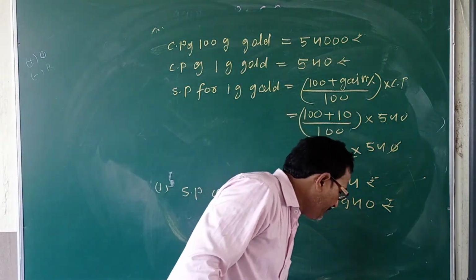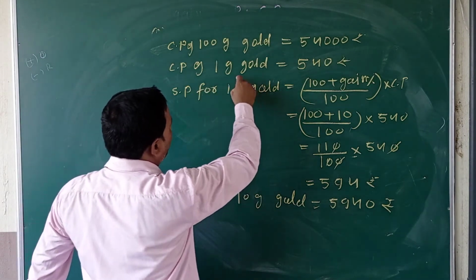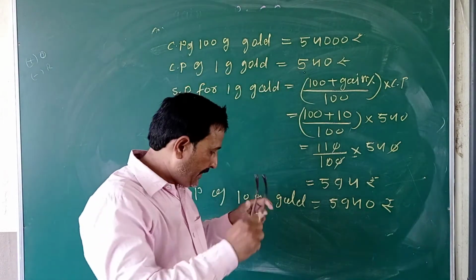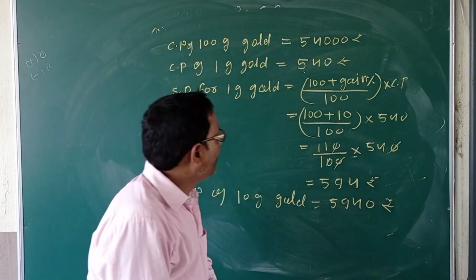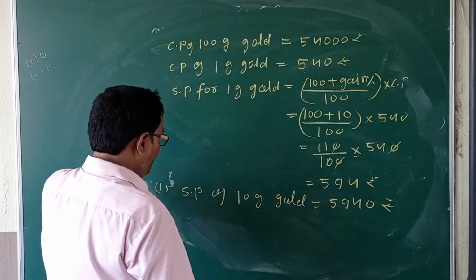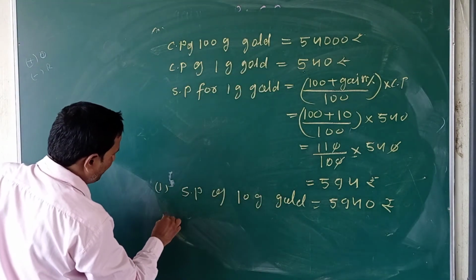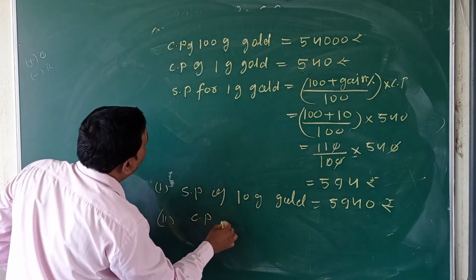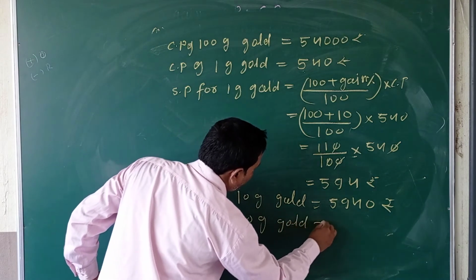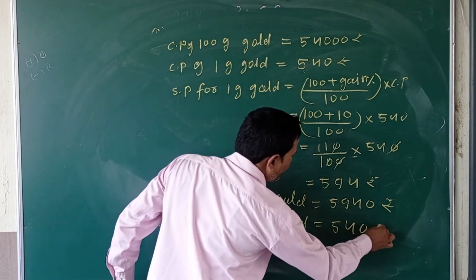In this condition, this 5400 rupees, the SP of 10 gram gold for the wholesaler, will be the CP. Suppose the CP of 10 gram gold for the second question will be 540 multiplied by 10.